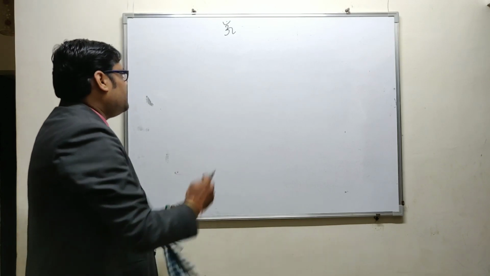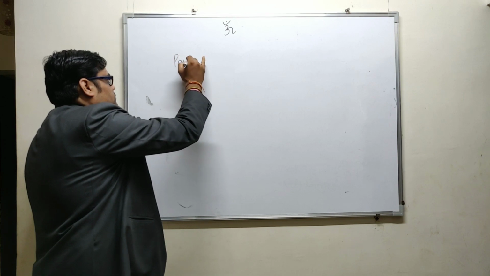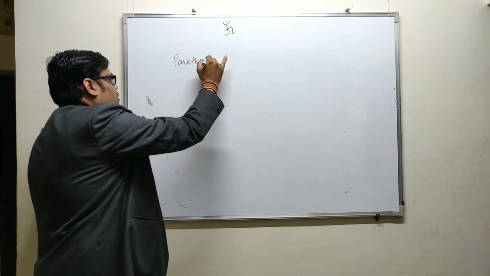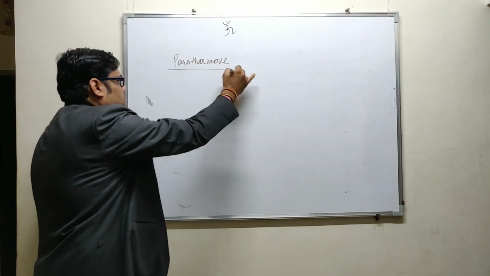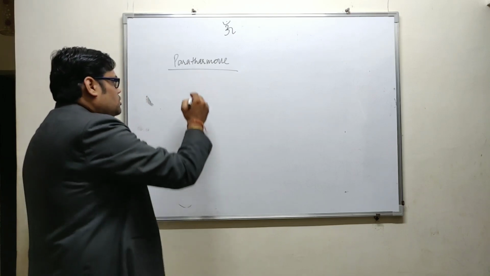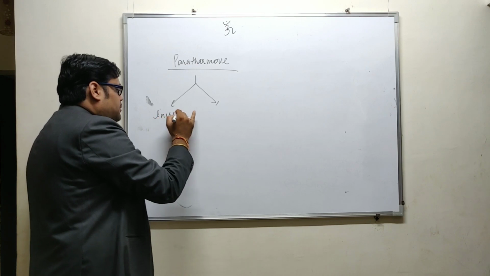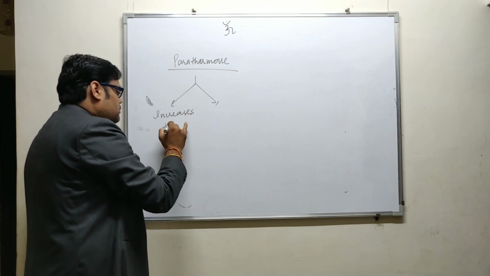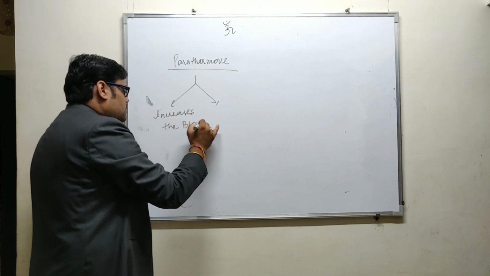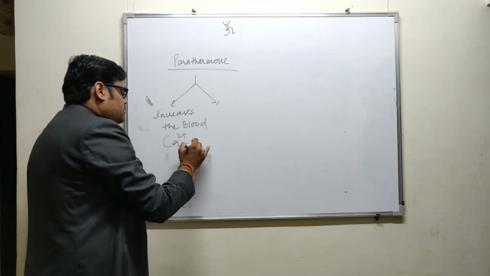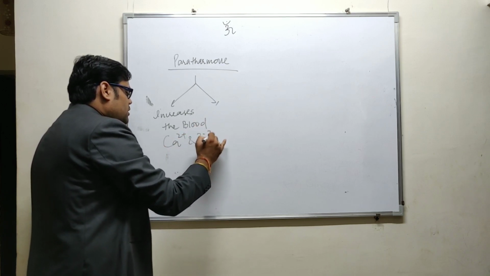For example, the parathormone, or the parathyroid gland, basically increases the blood calcium and phosphorus level.